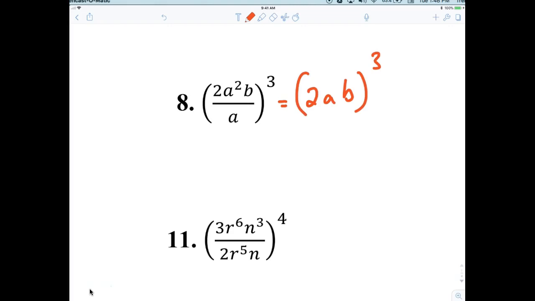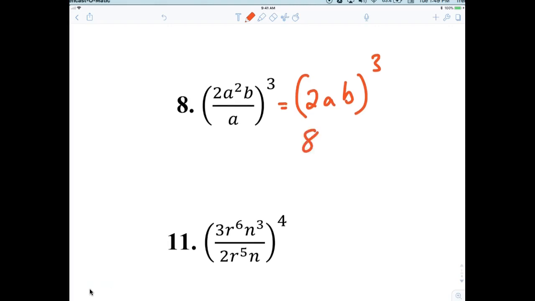Do I have any issues with that? That's good, right? Because I just reduced the a squared and the a. Now I'm cubing. So 2 cubed is 8, a cubed, b cubed. There you have it. That should be pretty logical. Everybody good? All right, here we go.